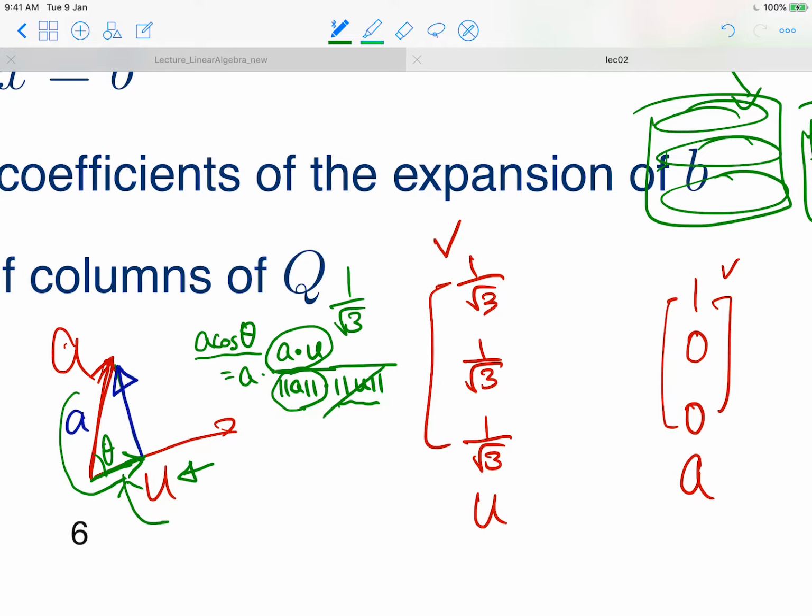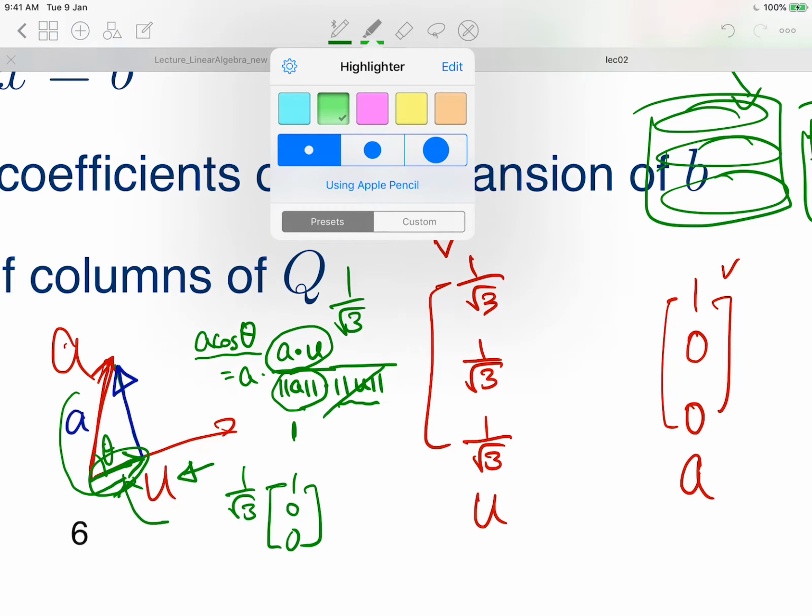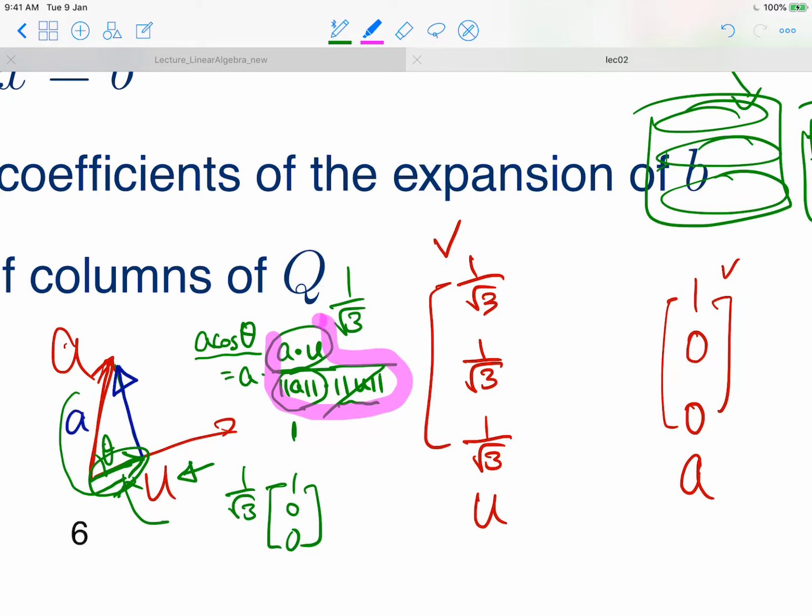So this part is now A times 1 over square root 3, right? Because this whole part is 1 over square root 3. So far so good? Any questions so far?